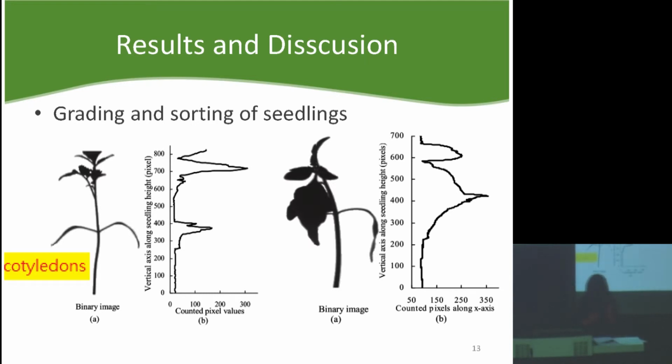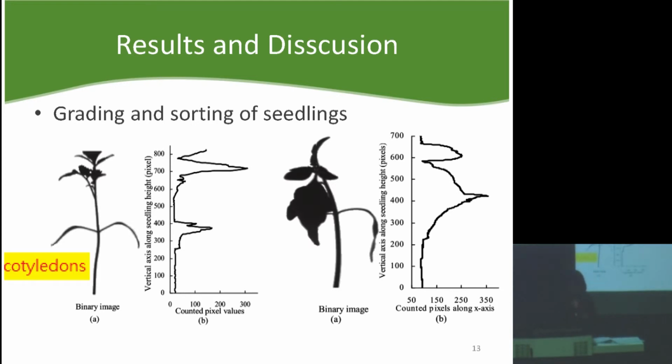And the accumulated number goes up to maybe around 550, and this is the true leaves.